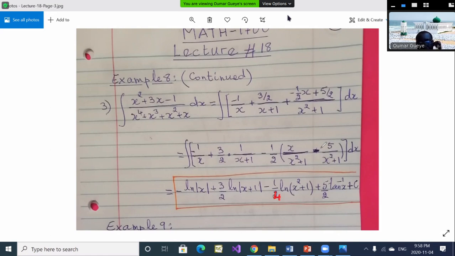Excuse me, sir. Yeah, I want to know how to get the tangent inverse x. This part here? Yeah. Because this is a derivative of tan inverse. I just want to show you.